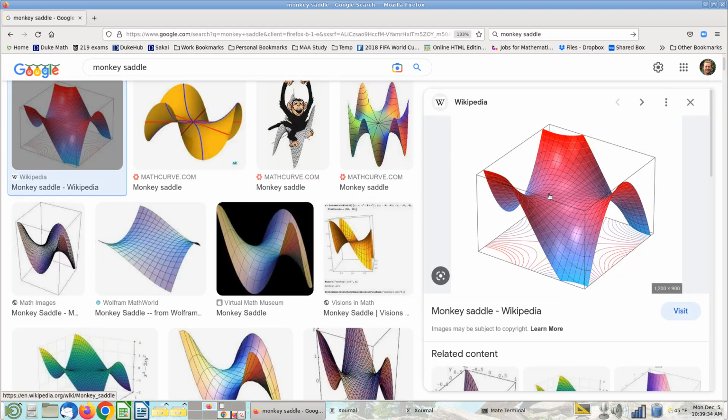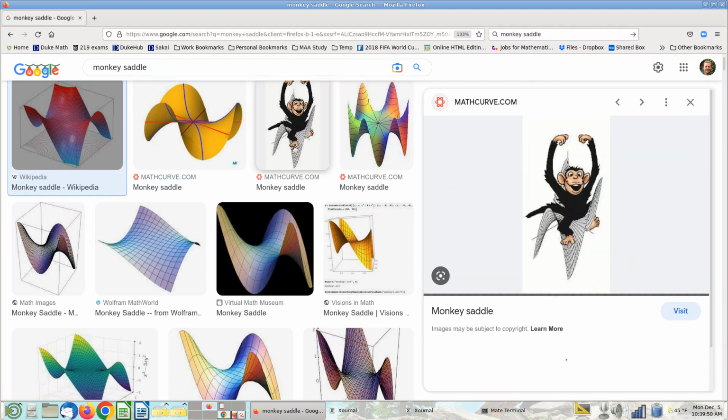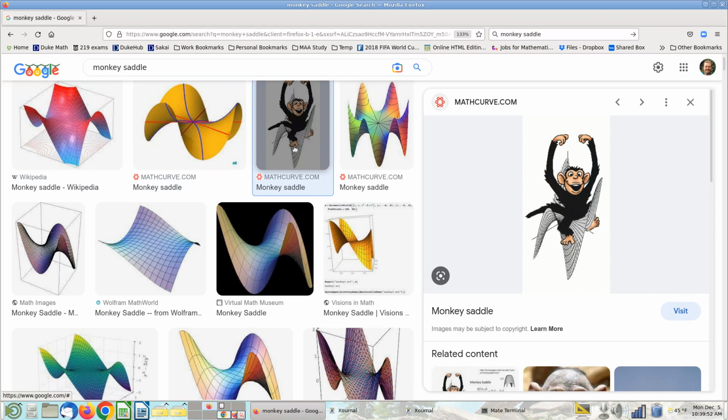And you can see it's kind of got little valleys for your leg there on the left and for your leg there on the right. But then what's going on with this third little valley here? Well, that's where the monkey's tail goes, which is just adorable, right? And they've even got a picture over here. Somebody drew an actual monkey sitting on top of there.